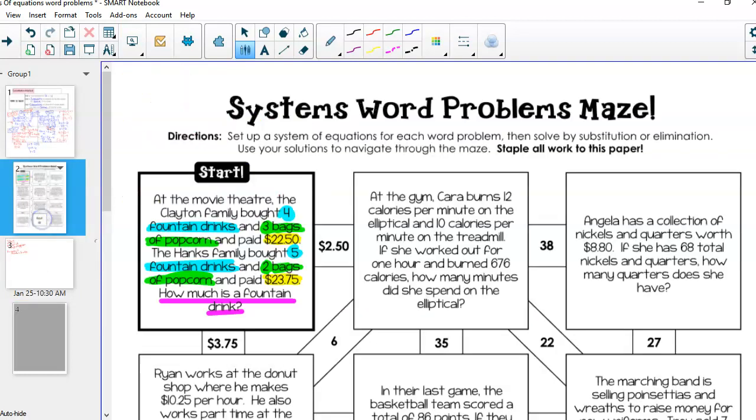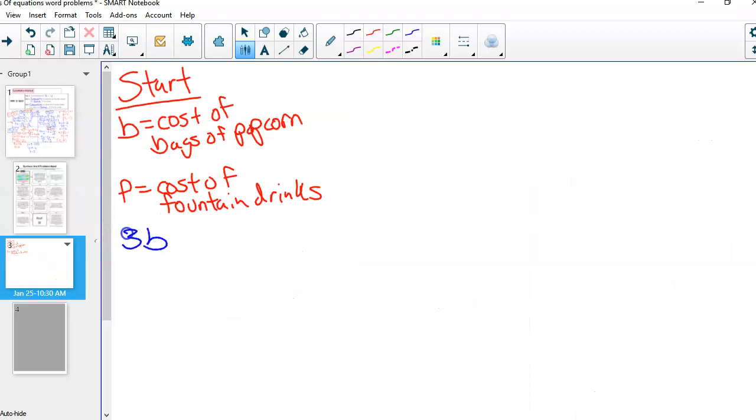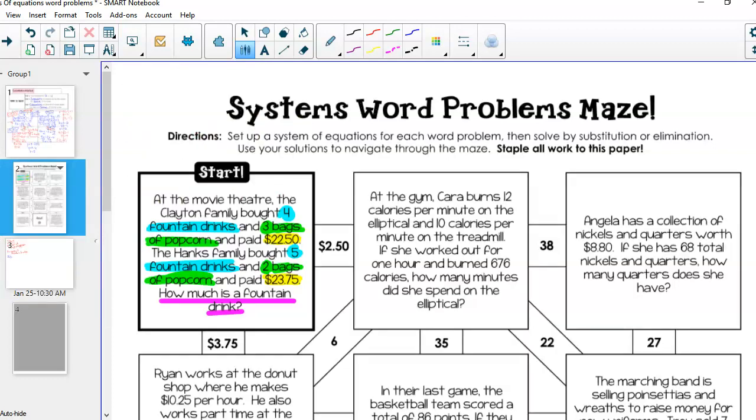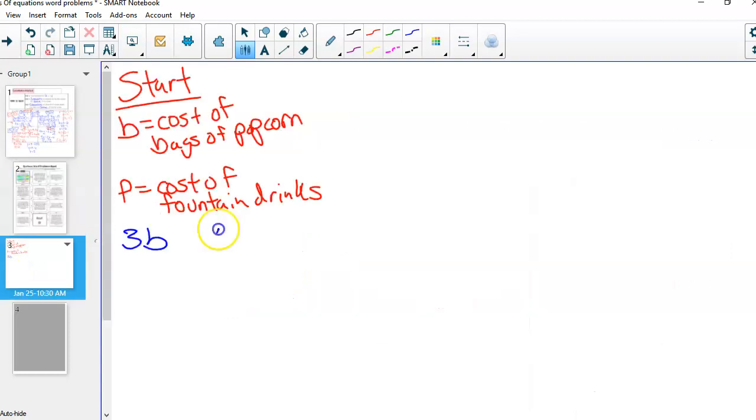Are you doing the first set or the second set? Okay, so 3B, somehow, somewhere in that we need F. For F, what are we doing to 3B and 4F?